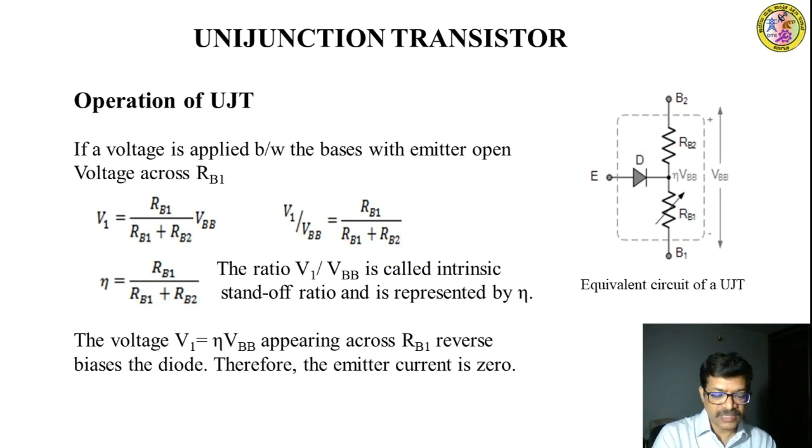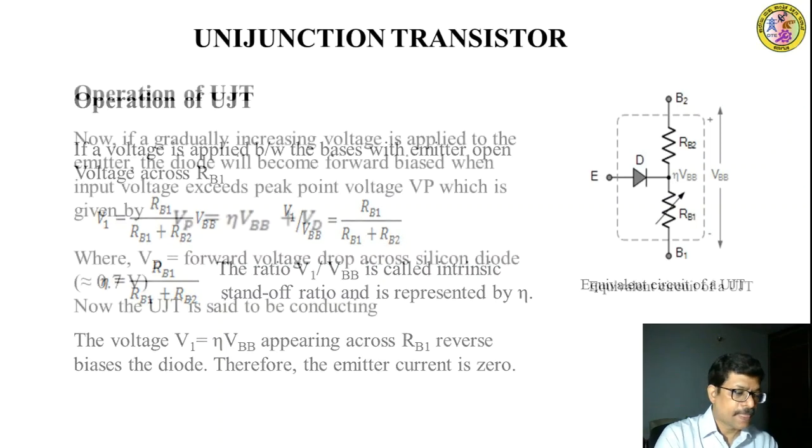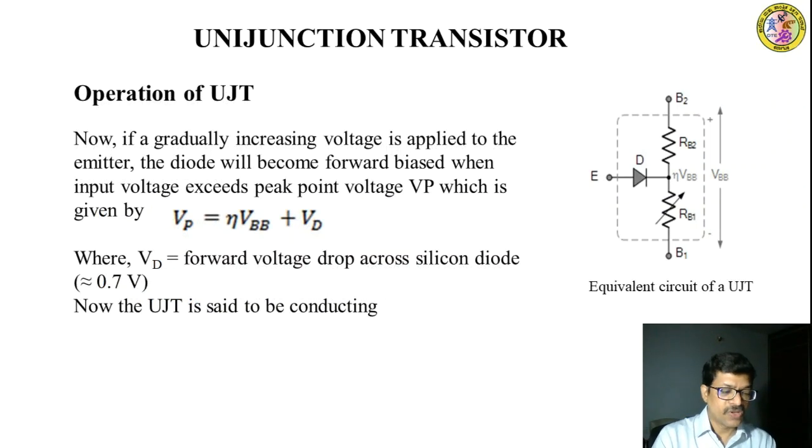In the third instance, now if a gradually increasing voltage is applied to the emitter, the diode will become forward biased.